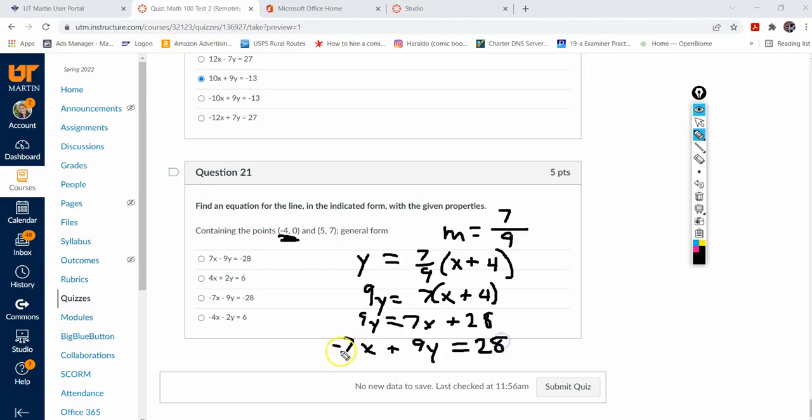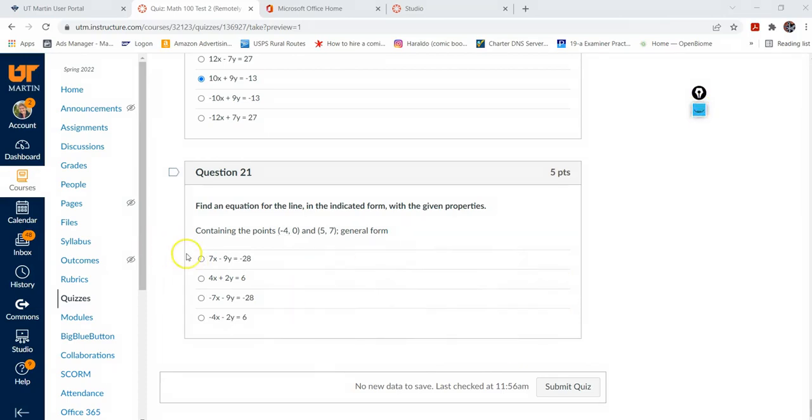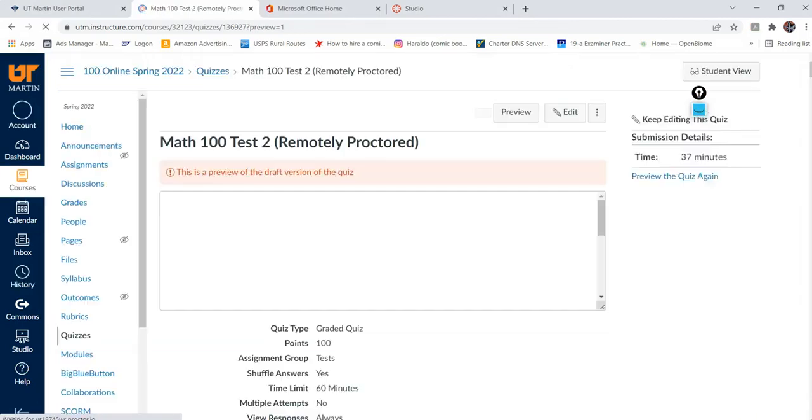And now I want my leading term to be positive. So now I'm going to multiply everything by negative 1. Okay. And so I'm going to get, that will become 7x, that will become minus 9y, and that will become minus 28. Okay, and that is matching with that one. Okay, and so I'm going to end this.